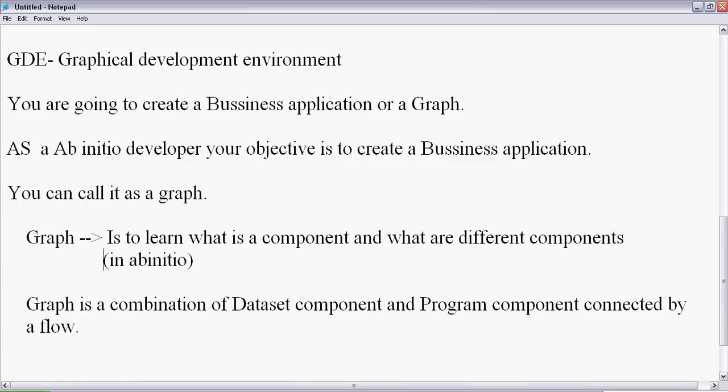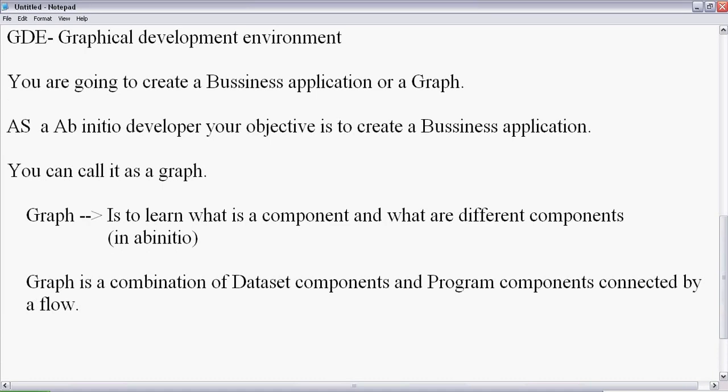If you understand the components, you can create a graph using them. Whenever a business rule is given to you, you have to choose the component best suited for the logic you have to prepare. So the basic thing you have to know is the different types of components, what a component is, and its behavior. A graph is a combination of dataset components and program components connected by a flow.